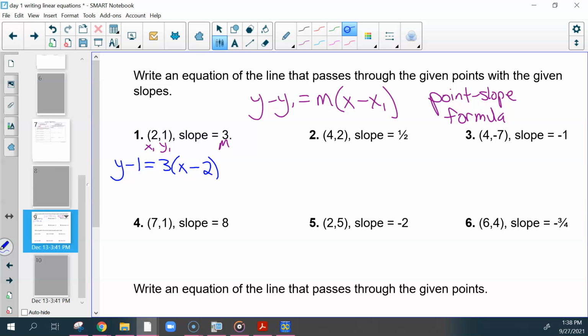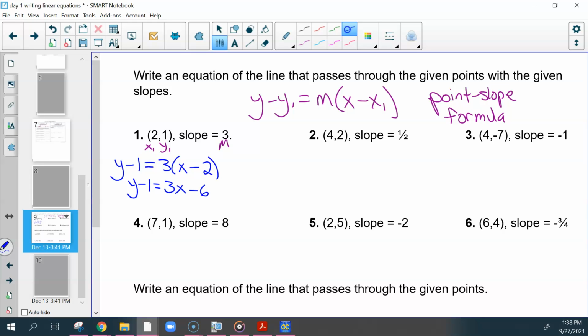Negative what? We're always subtracting. So if we're just taking that right from the point. Think about slope, because slope is always starting. Once you have it in this form, you are going to distribute the 3. You get 3x minus 6.